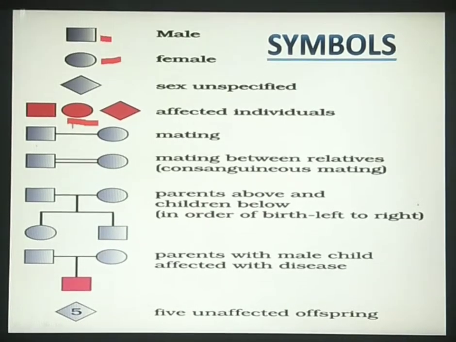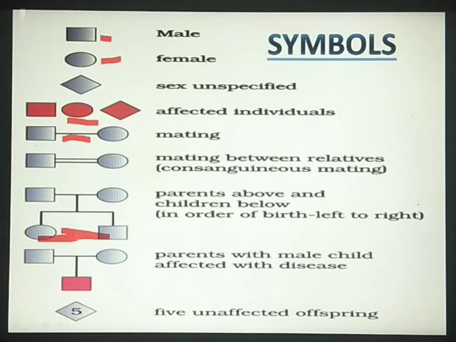The mating is shown by a horizontal line, we can see here, that connects the male symbol with that of the female symbol. So these indicate the parental generation. The offspring symbols, we can see here, these are the offspring.